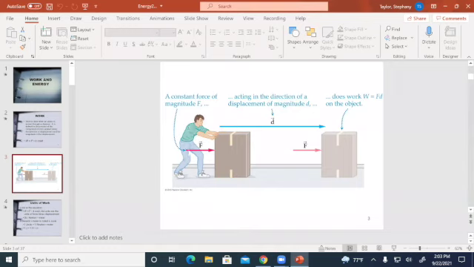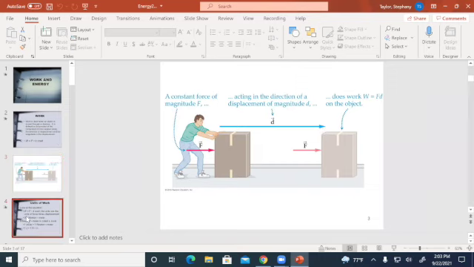You have a guy pushing a big package across the floor. The distance from the initial starting point to the ending point is the total distance traveled by that package from the force applied to it. Again, work is force times distance.